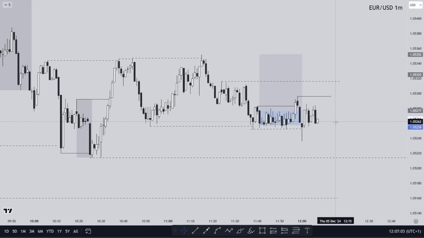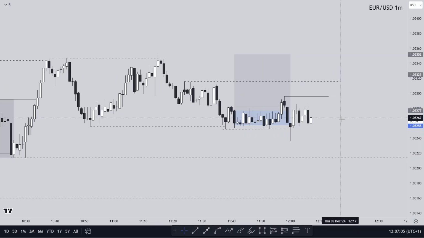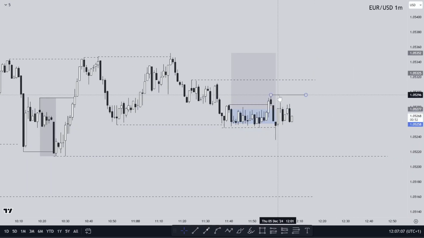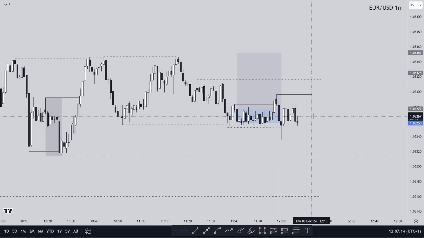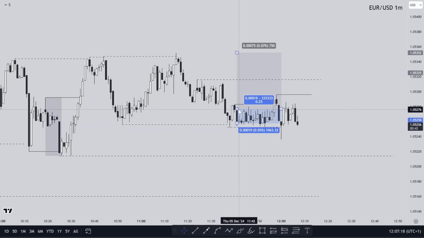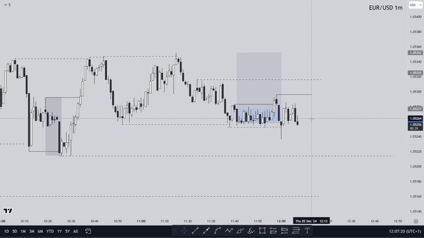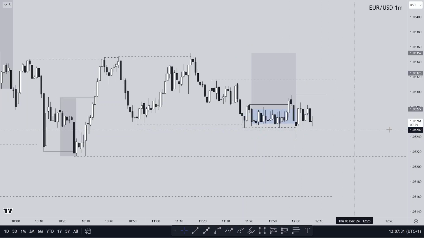Remember that when a range appears, price is building liquidity from both sides, so it can go up or down. It's not very good to be in a trade in this situation, as I was before. In fact, as soon as the price gave me a sign of rejection, a sign of resistance to my short move, I decided to close the trade.